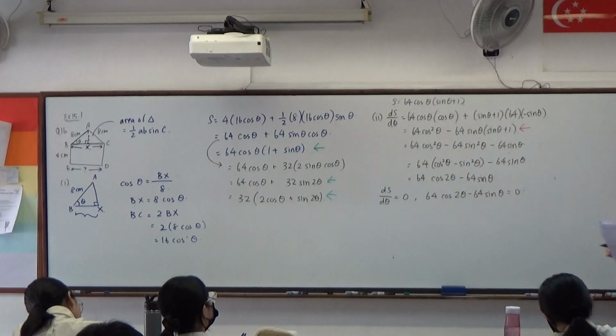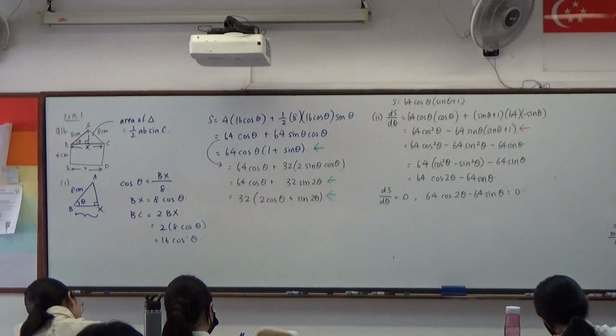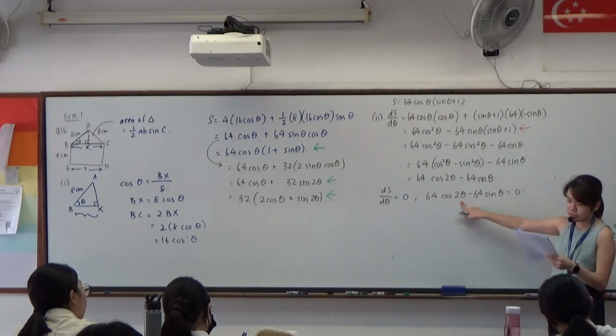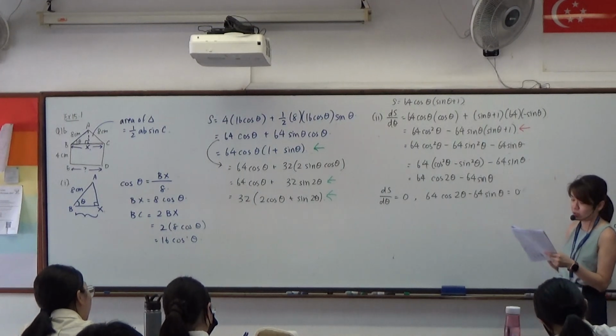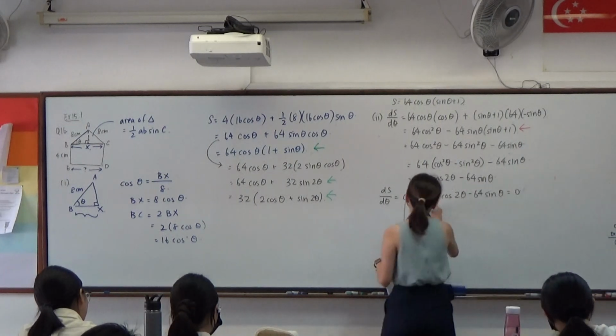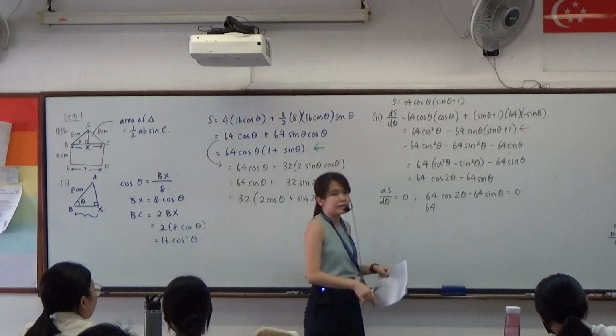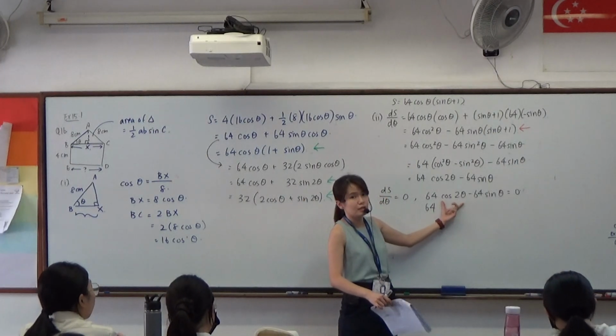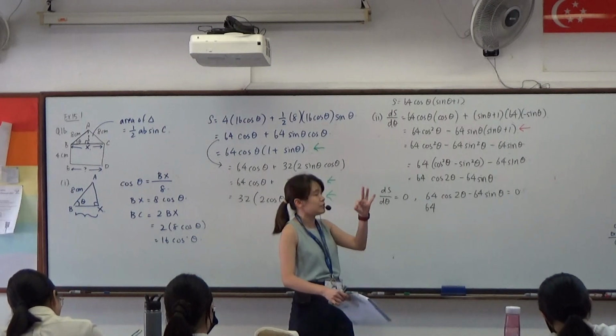Can we get this? To know how to solve this, with the angles being different, we are not able to simplify it to a single trigo function. So what you could do instead, since this is sine, for our cosine 2 theta, there are 3 different ways that you can present it.